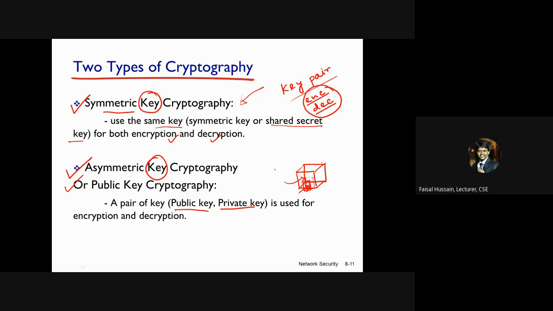The data can be opened from another side, which is the private part. Using a private key, the receiver can extract the plain text. That makes it more usable: everyone can encrypt the message, but only one person can decrypt it. So that is the case of public key cryptography.